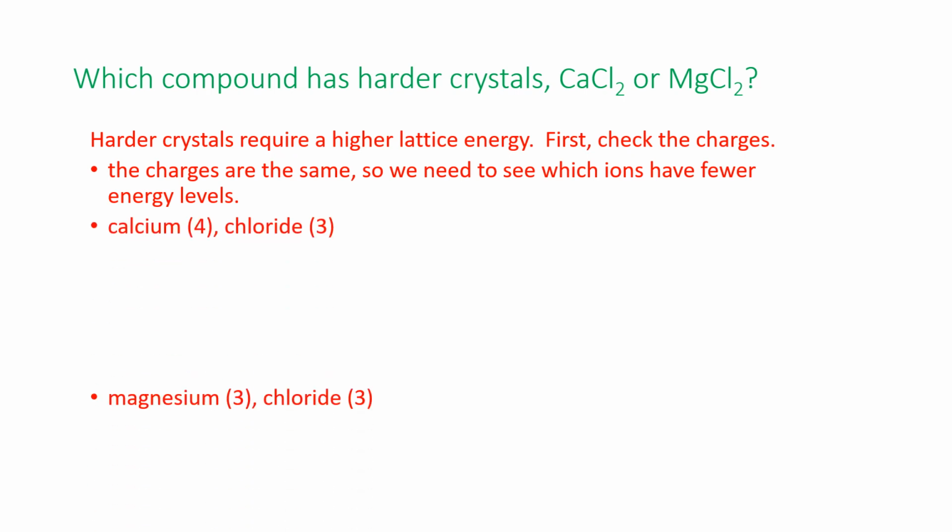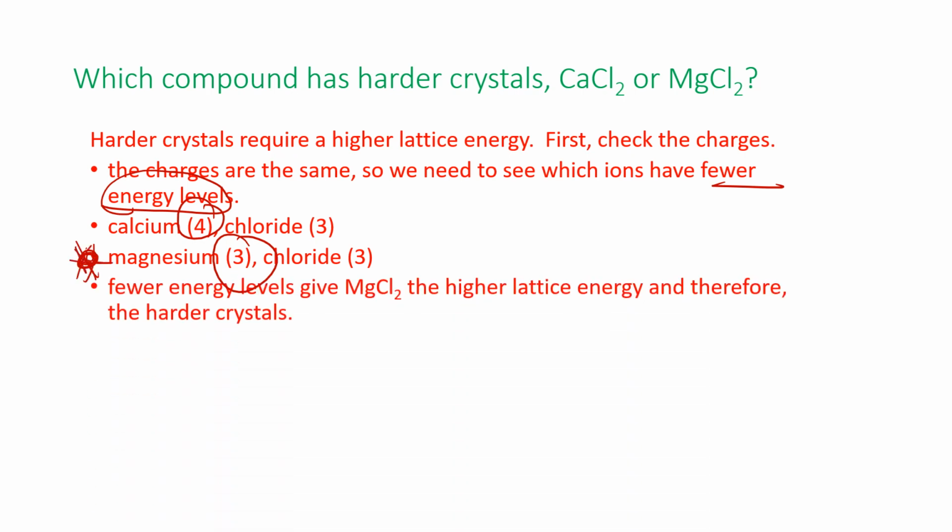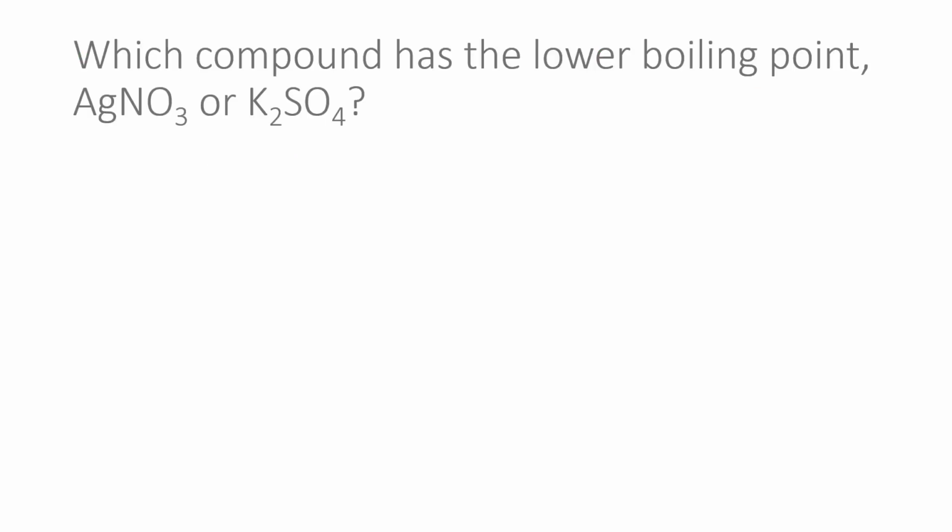Calcium is on the 4th one and magnesium is on the third energy level. So we need to see which one has fewer energy levels, and that would be this one here. Let me draw a little star. Magnesium and chlorine together would have fewer energy levels. So magnesium chloride has fewer energy levels, therefore they have the harder crystals because they have the higher lattice energy, meaning there's more attraction between magnesium and chlorine compared to calcium and chloride.